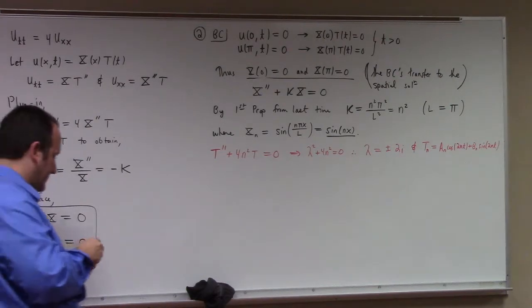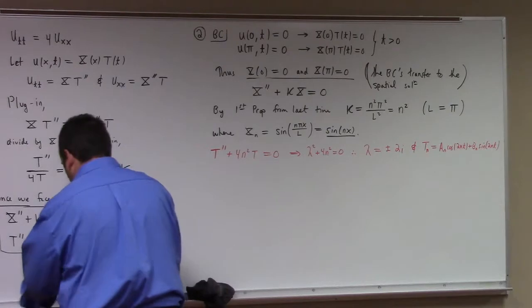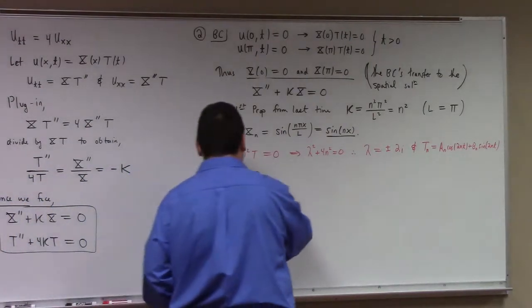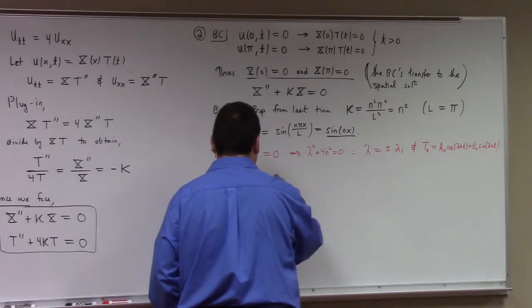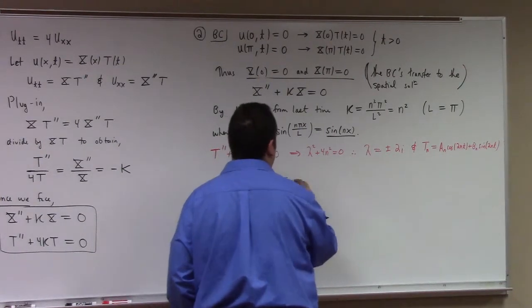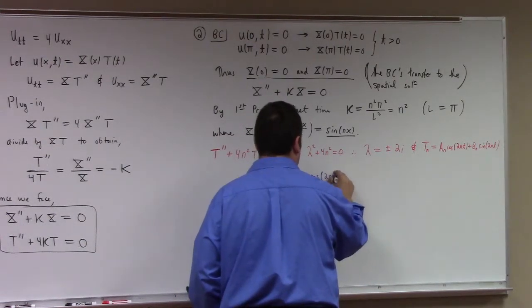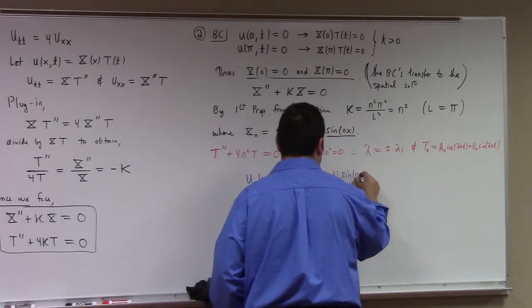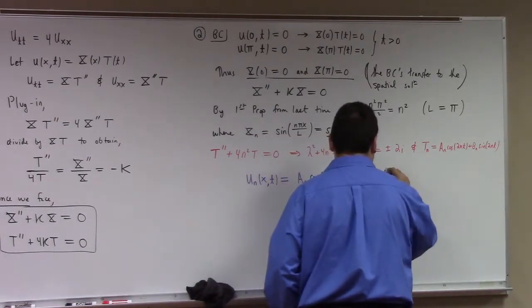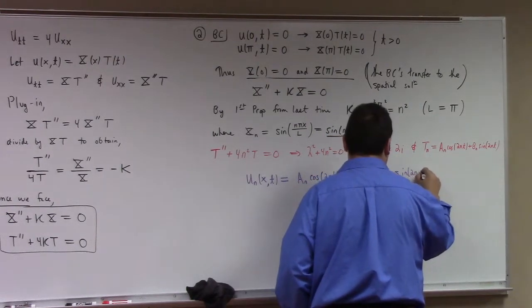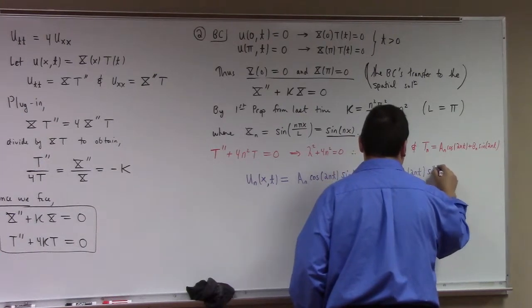So put it together, what does my u_n(x,t) look like? It has a few moving parts, but it looks something like this: u_n(x,t) = a_n cos(2nt) sin(nx) + b_n sin(2nt) sin(nx).